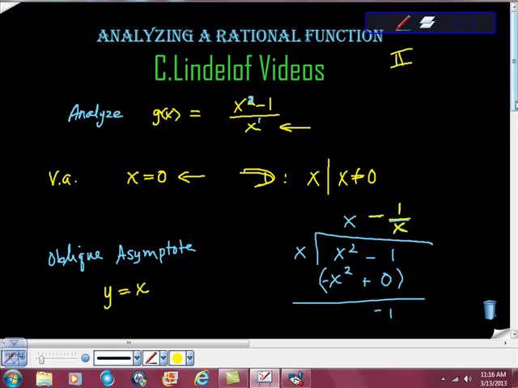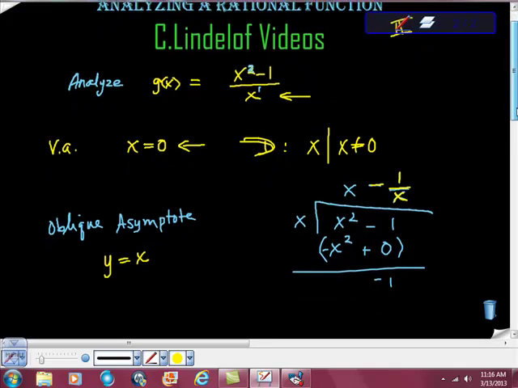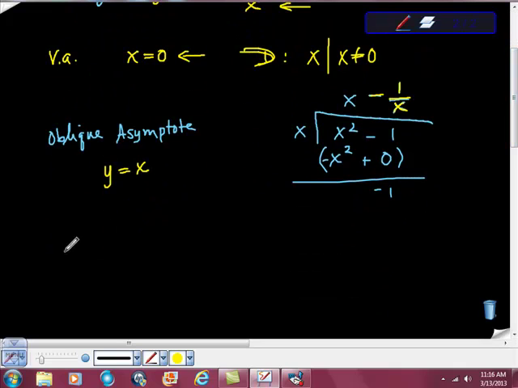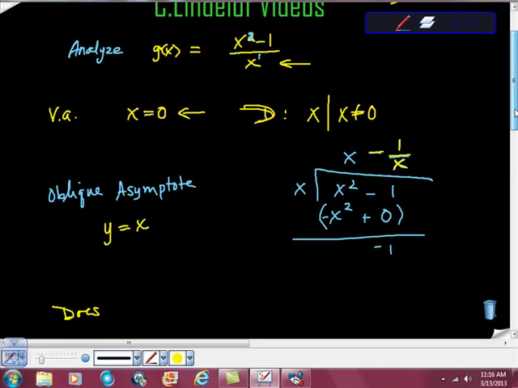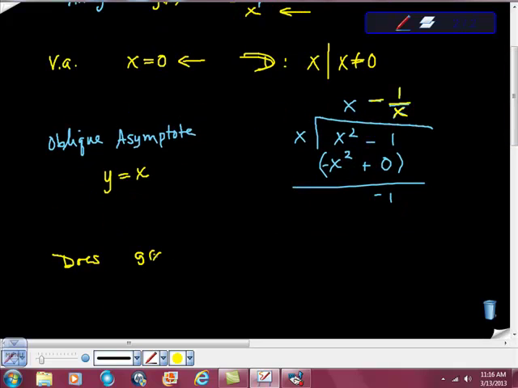What your professor is going to want to know is, what was our function's name? G of x. Does g of x intersect the oblique asymptote? That's a good question. All we're going to do is set these things equal to each other.